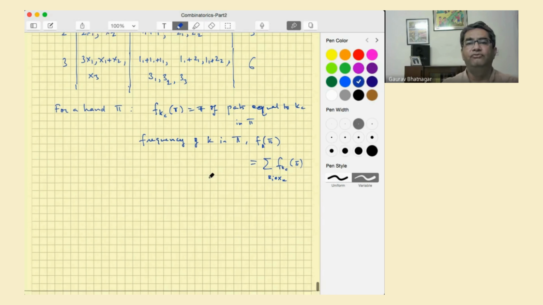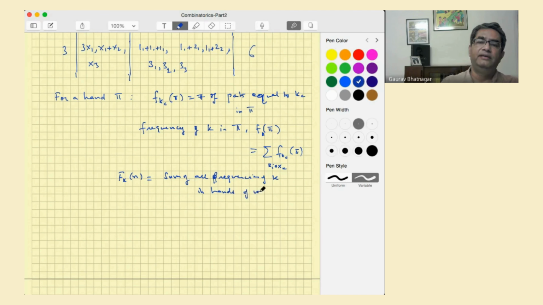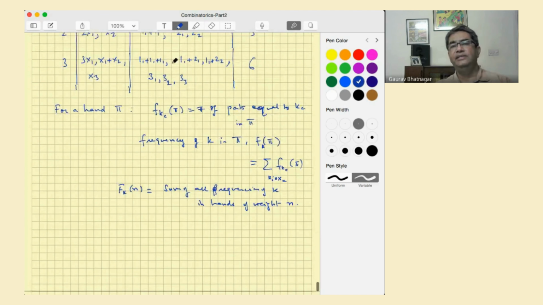That's possible in 5. So you take the frequency of k, you include all of them, and fkn is the sum of all the frequencies of k in hands of weight n. So same as what we did earlier, we just add all of them.